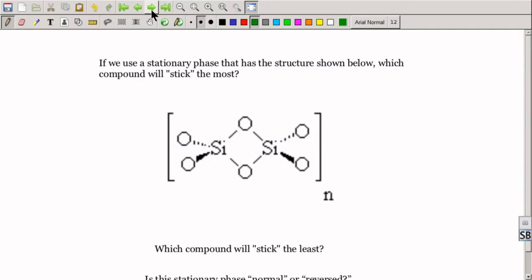Okay, now there's what silica looks like. Silica is not just SiO2. What it is, it's a covalent network solid, which is something else that was discussed in that first chapter of General Chemistry 2. You have a network of silicon dioxide molecules.